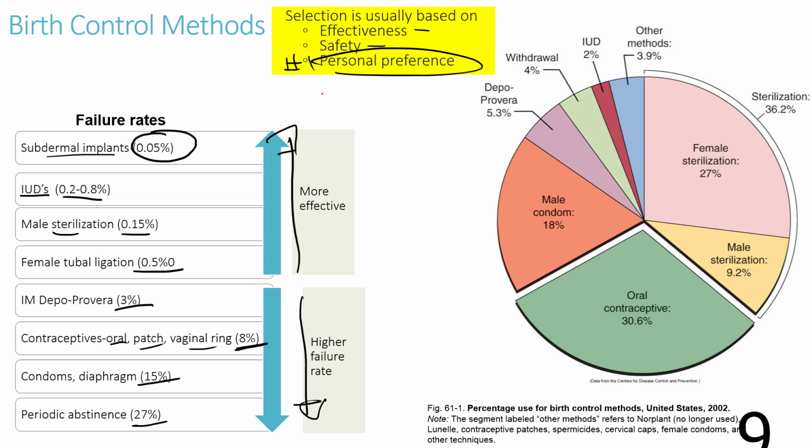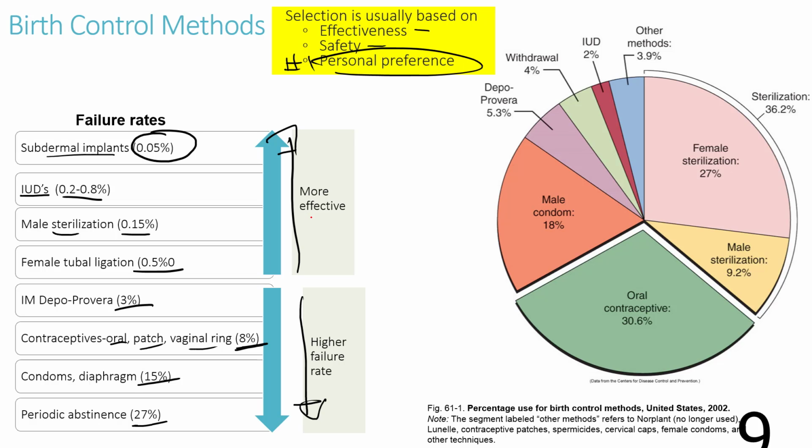Maybe it's easier to take a pill once a day. Maybe you want the convenience of a subdermal implant that you don't have to think about, or an IUD or something, right? So again, effectiveness, safety, and personal preference inform a woman's selection of the birth control method that she chooses to use.